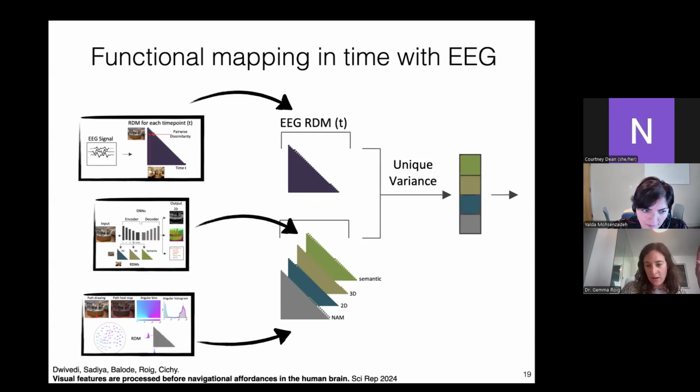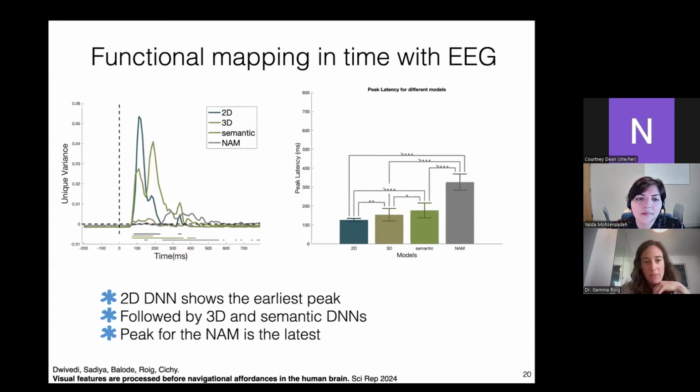So how uniquely you can explain, factoring out what the other models bring.